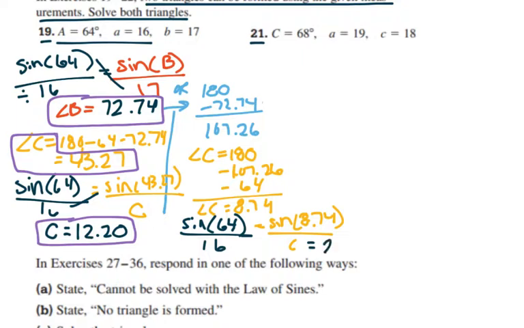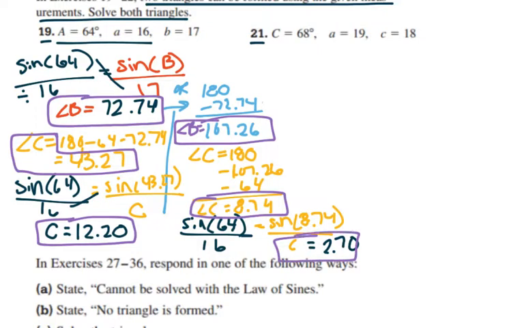So our C value is going to be 2.70. And so again, the answers for the next piece is that the measure of angle C is 8.74, the measure of angle B in the next one is 107.26, and the length of side C is 2.70. So you've got those two cases.